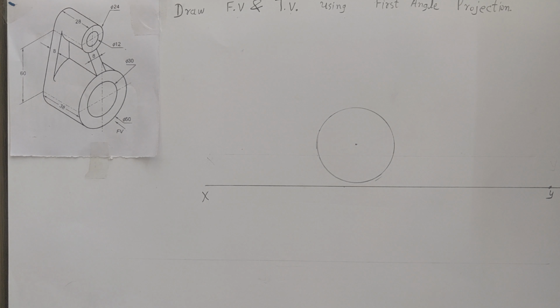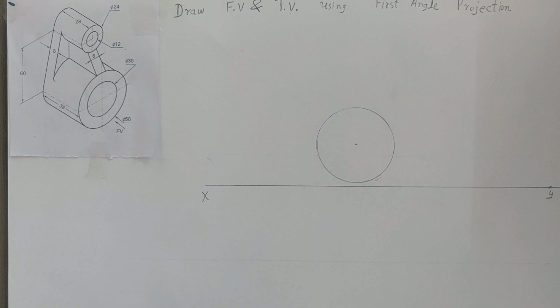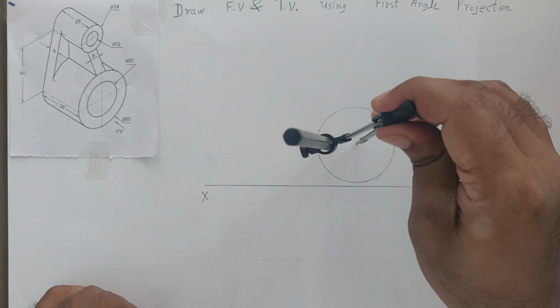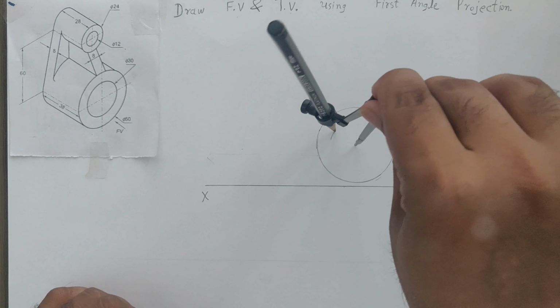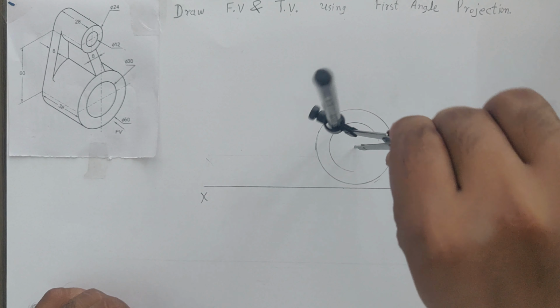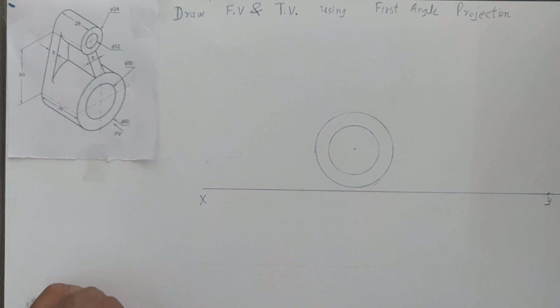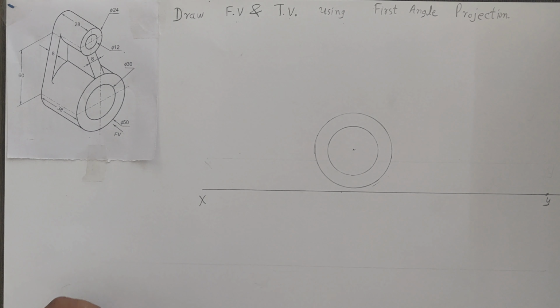Now I have to draw another circle which has the diameter 30, so the radius will be 15. So I will draw a circle of radius 15. Now it's my circle of radius 15.